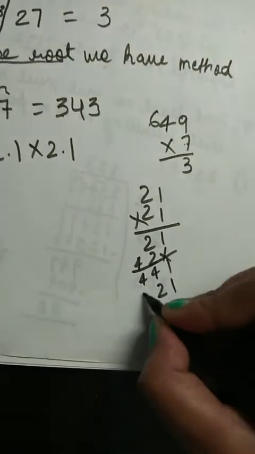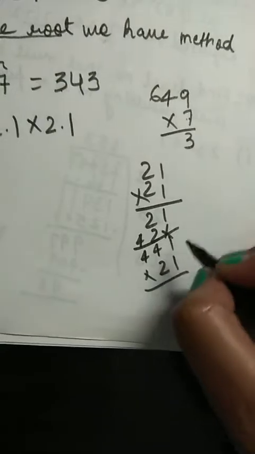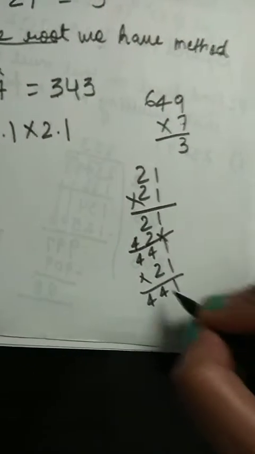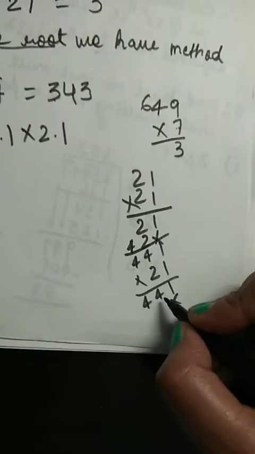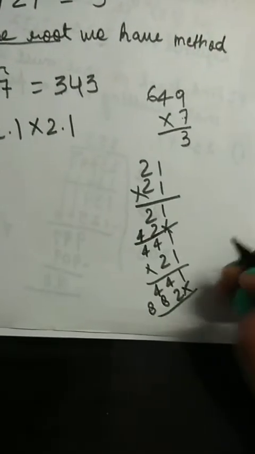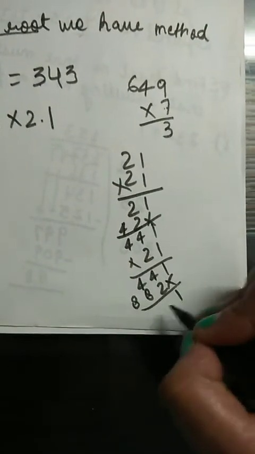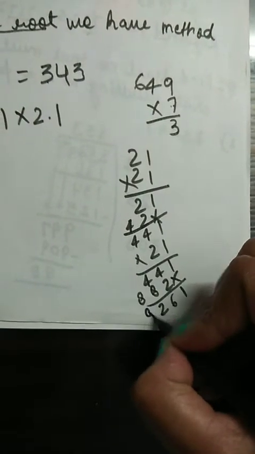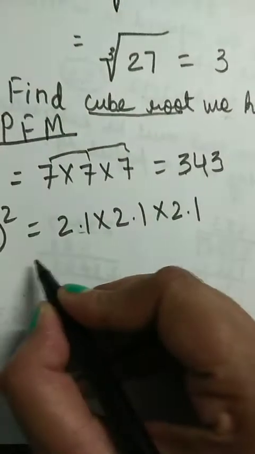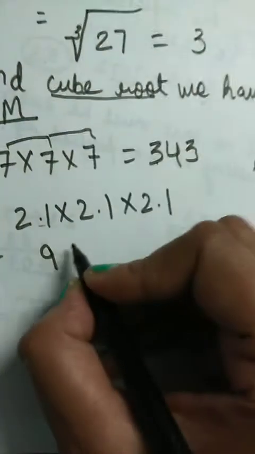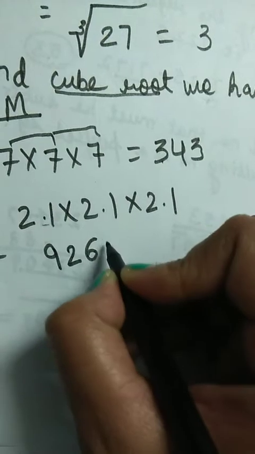Again 441 will be multiplied with 21, which gives 9261.